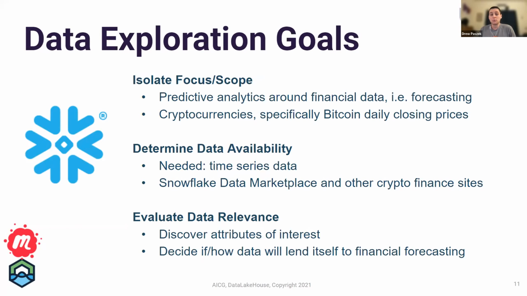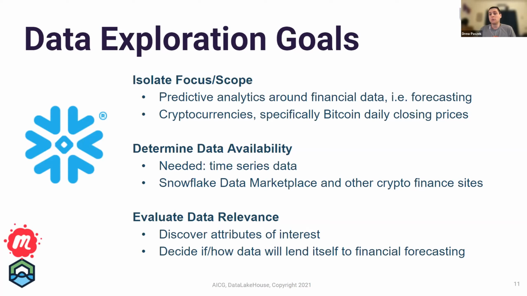And in order to do this, we'll probably look in the area of the Snowflake data marketplace, which has a plethora of open source data that we are able to readily access via Snowflake data shares. And maybe we'll want to look at a couple other crypto finance data sites to do any sort of web scraping, to get anything out of that that we might not have been able to get out of the Snowflake data marketplace.